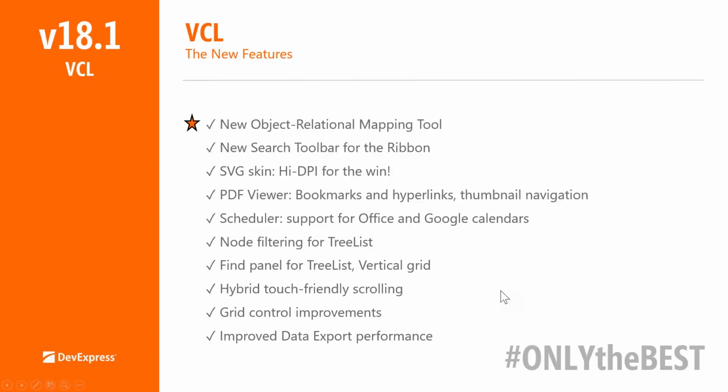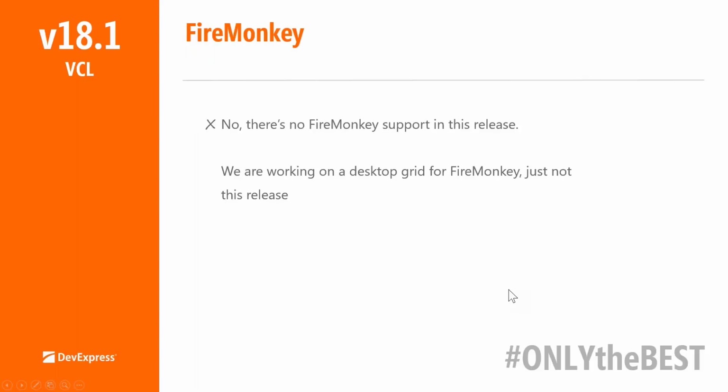Now, next slide, he says. I know many of you are going to ask about Firemonkey. Back at the end of last year, we did a quick survey for our VCL customers about what they wanted to see in a future version. And one of the big items that came up was, of course, Firemonkey controls. Now, it goes without saying that this is a big proposition.